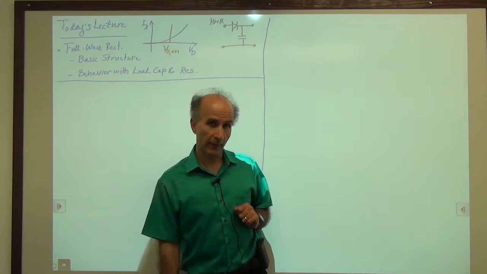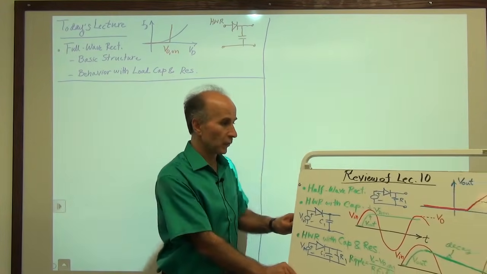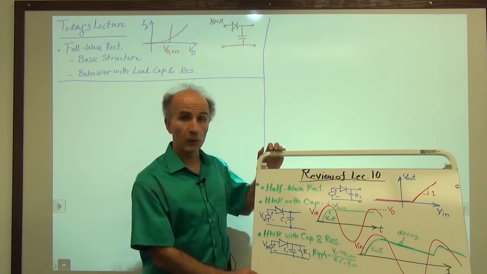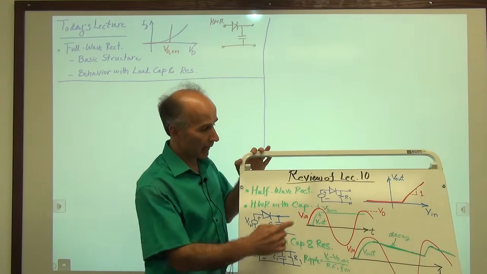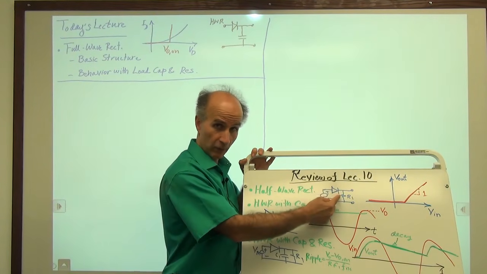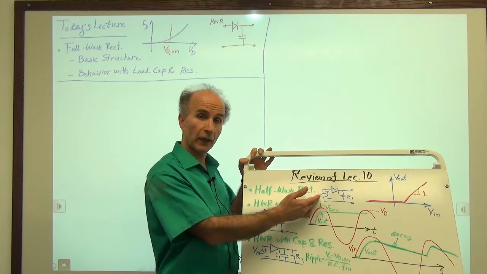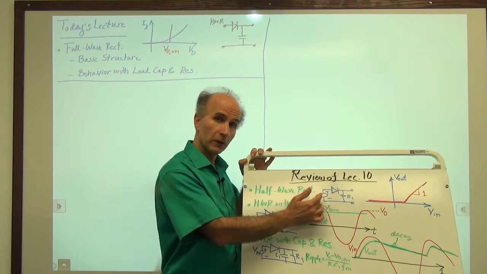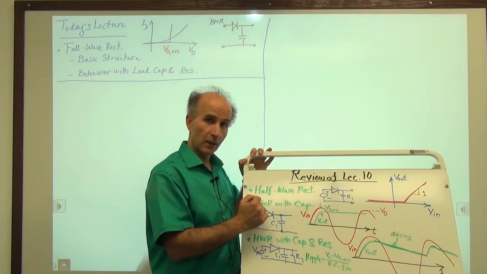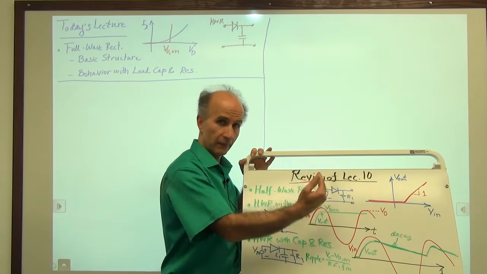So let's refresh our memory about what we covered last time. Here's a quick summary. We saw that a half-wave rectifier consists of a diode and maybe a resistor in the simplest case. For this circuit, we could draw the input-output characteristic by varying the input voltage from minus infinity to plus infinity.